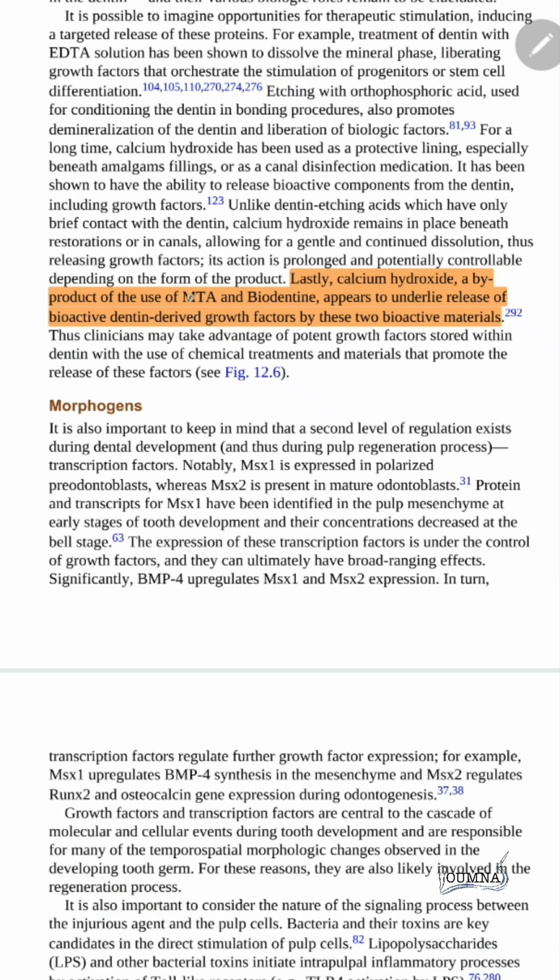But MTA is more preferable than calcium hydroxide because calcium hydroxide over time causes the dentinal walls of the root to become weak.